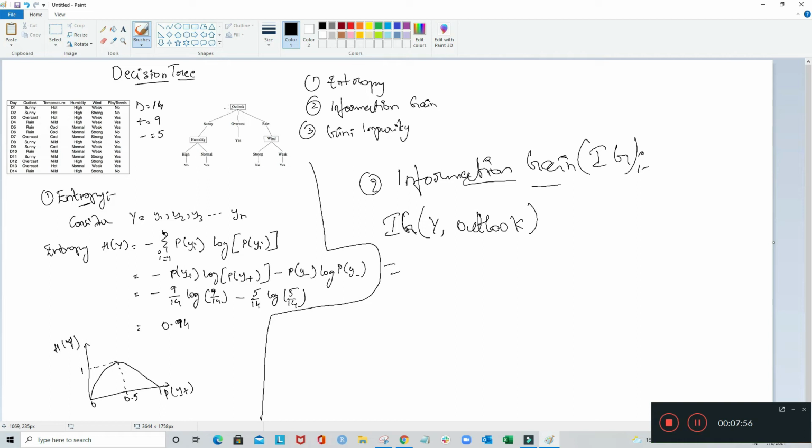If it is sunny, there will be 5 data points here; overcast has 4 data points here; and rainy has 5. So, in a way, you can see three sub datasets.